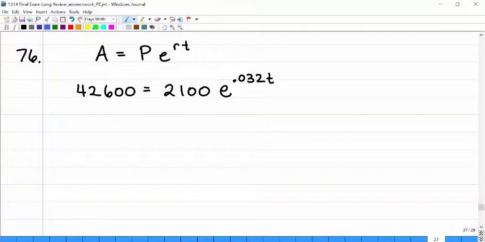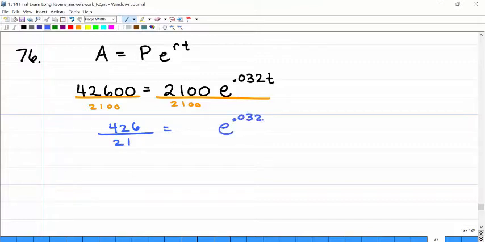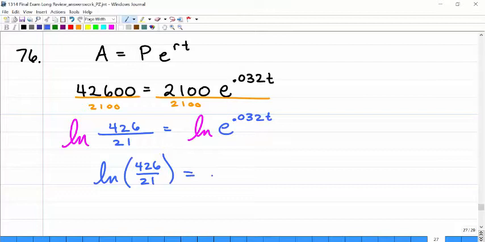So solving for t, first thing I need to do is divide both sides by 2,100. So I'm going to write 426 divided by 21 is equal to e to the 0.032 t. Then I'm going to take the natural log of both sides, and I get the natural log of 426 divided by 21 equal to 0.032 t.